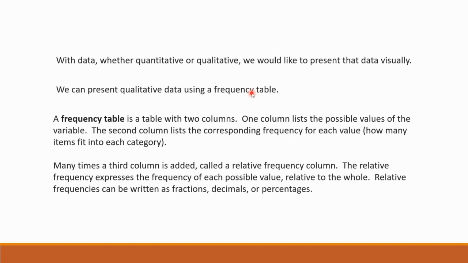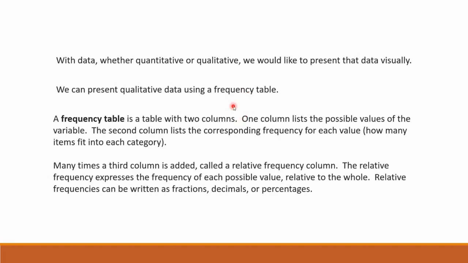So one value would be A, another would be grade B and C and D and so on. That's one column: you're going to have the values of the variable, or your qualitative data. The other column will be your frequency.